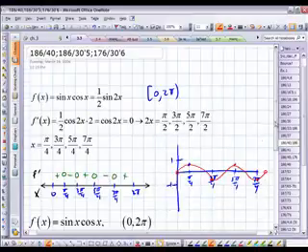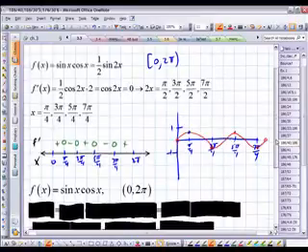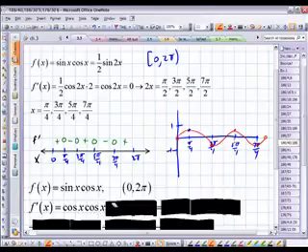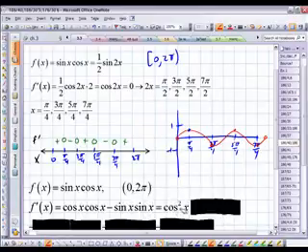If you're not happy with the double angle formula, well, there's other ways to do this. We would use product rule. So derivative of sine is cosine times cosine plus sine times the derivative of cosine, which is negative sine. That's why I've got a negative times sine. So cosine squared minus sine squared, set it equal to 0.